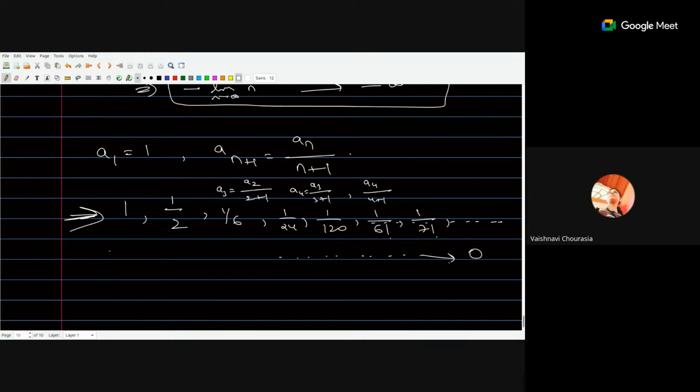Convergent. What is the upper bound for this sequence? 1. And what is the lower bound? 0. Is this a bounded sequence? Yes, sir. So that is it.